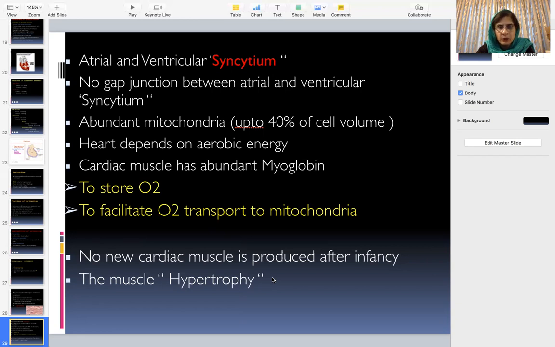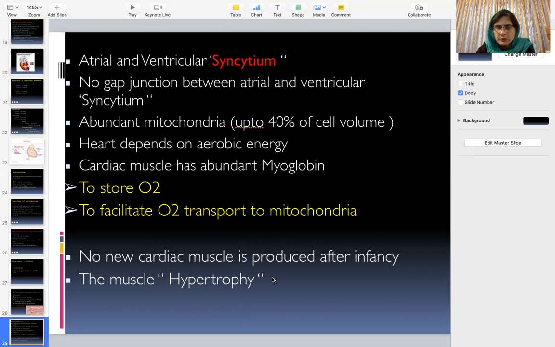Cardiac muscle has abundant myoglobin to store oxygen and to facilitate oxygen transport to the myocardium. Just like hemoglobin in the blood supplies oxygen, cardiac muscle has myoglobin, which stores oxygen and facilitates oxygen transport to the myocardium.